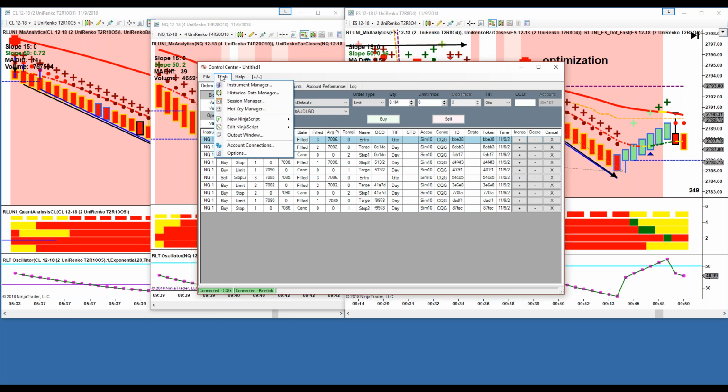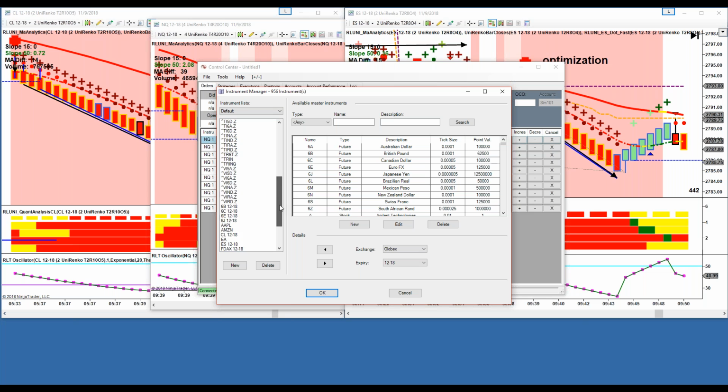If you look at my tools in my instrument manager, I have Tesla, I have the SPY, I have the Qs, I have NVIDIA, I have Amazon, I have Apple. These are the stocks that I like to trade. I really like the Qs and the SPY. If I get a great setup, it almost always is a winner.